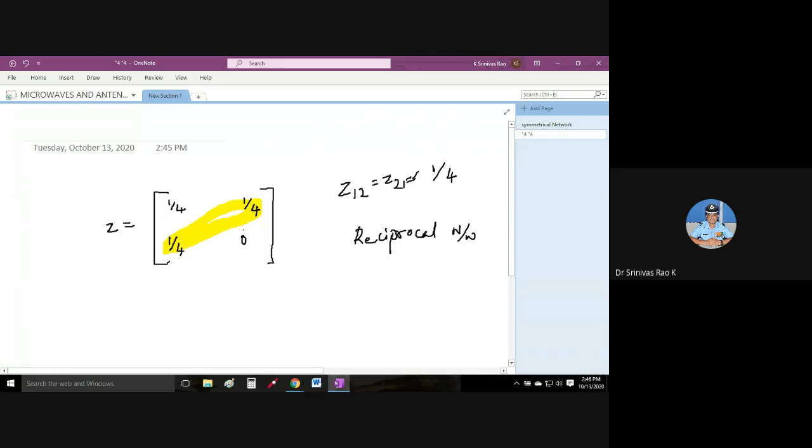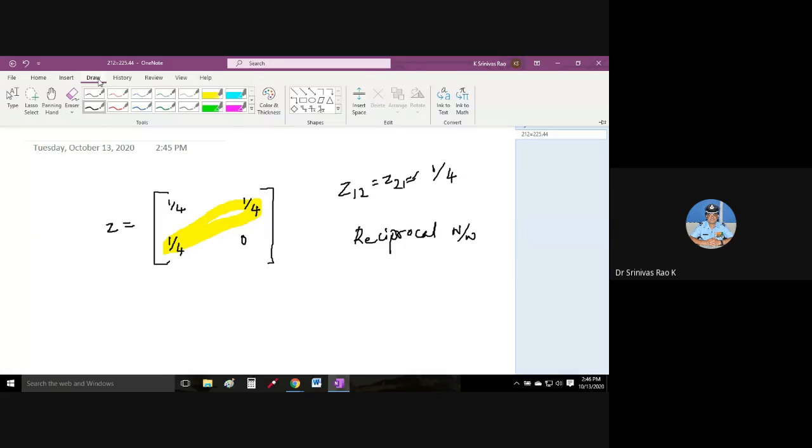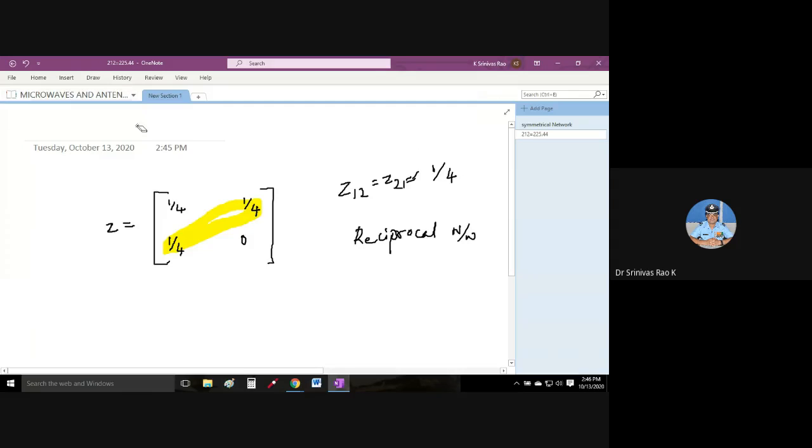So now in the same network, please understand this clearly. If I change this parameter, and now I put one more term here, tell me: 2 by 3, 1 by 3, 5 by 3, 1.